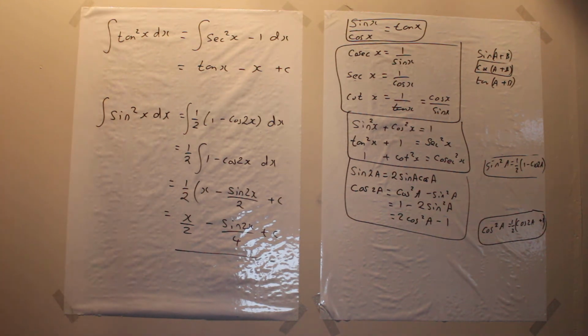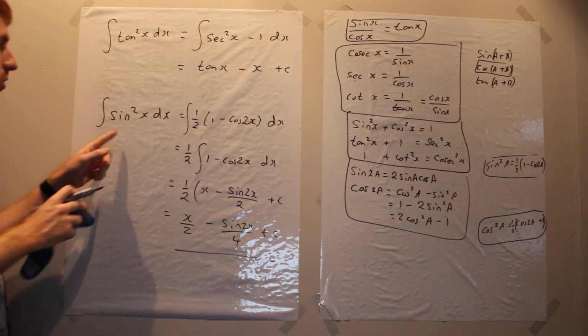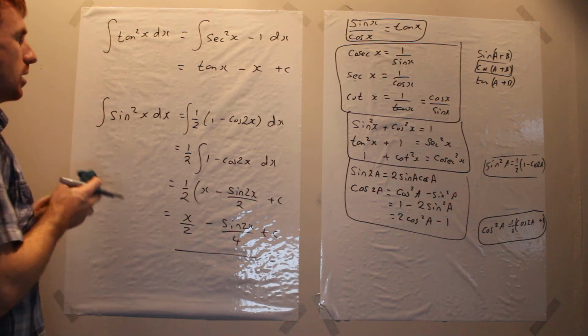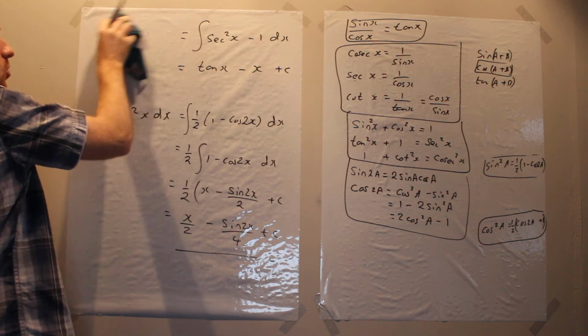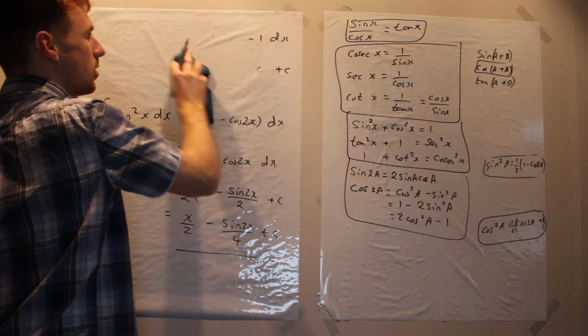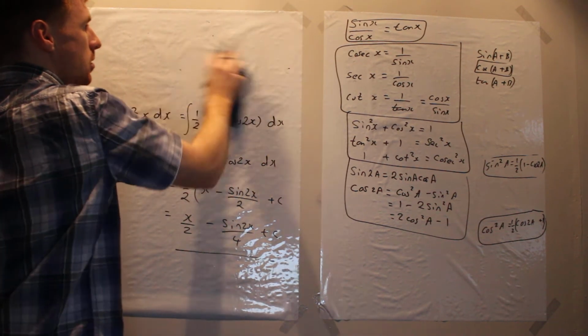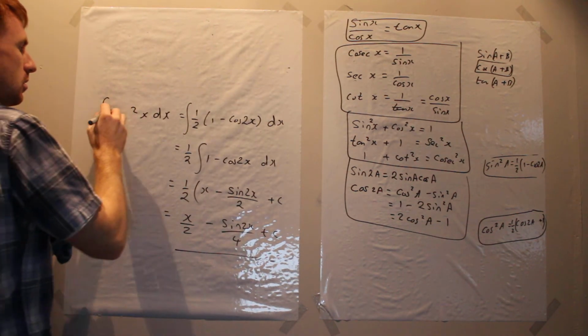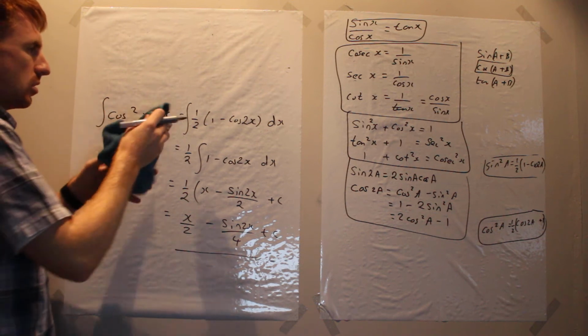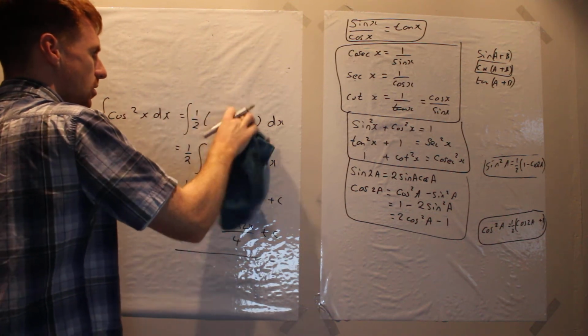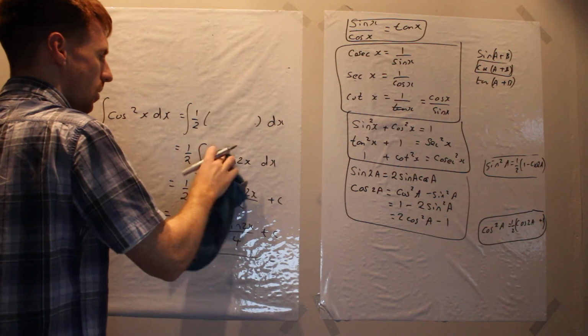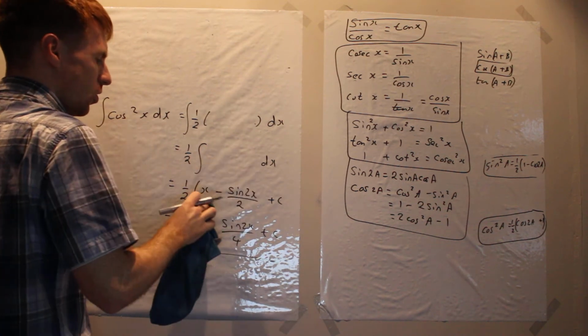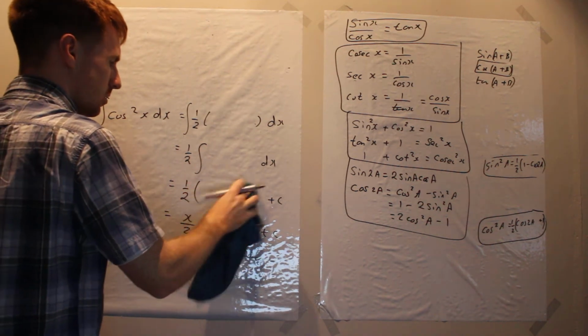Similarly, not a question that's in the notes, but I will do it anyway. We can use a similar idea to do cos squared. Okay? So we'll just start with the squared of our normal trig functions that we're aware of. So let's say instead this time I did the integral of cos squared of x. Well, everything stays the same except for the thing that you substitute in, which looks ever so slightly different in this case.